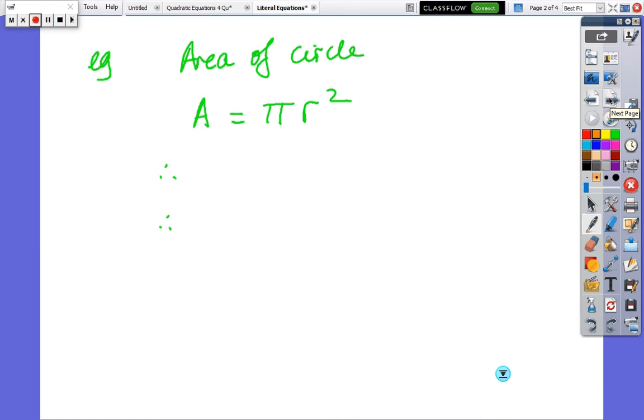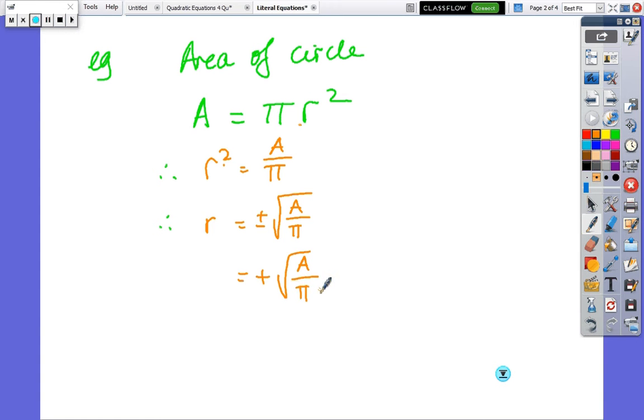So another one we'll do, say, area of a circle. Pi is a constant, but if we want to find r, we'd have r squared equals A over pi, and then r would equal plus or minus the square root of A over pi. To get rid of a square, you square root, and there's two answers, plus or minus, but the answer can only be a plus, because in this context, radiuses can only be positive numbers.